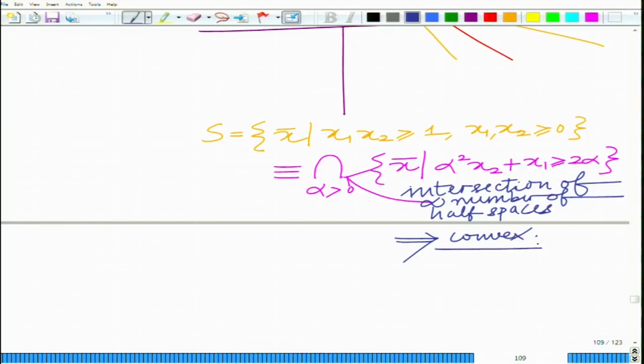This implies this is convex. So, the set x1 x2 greater than or equal to 1, we have represented that as the intersection of an infinite number of half spaces, and therefore, indeed it is a convex set.